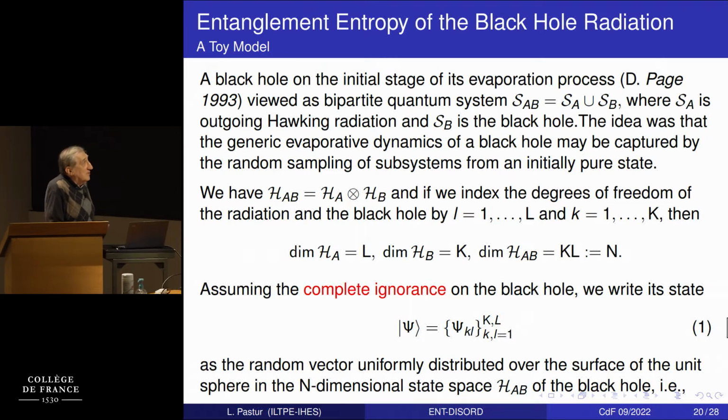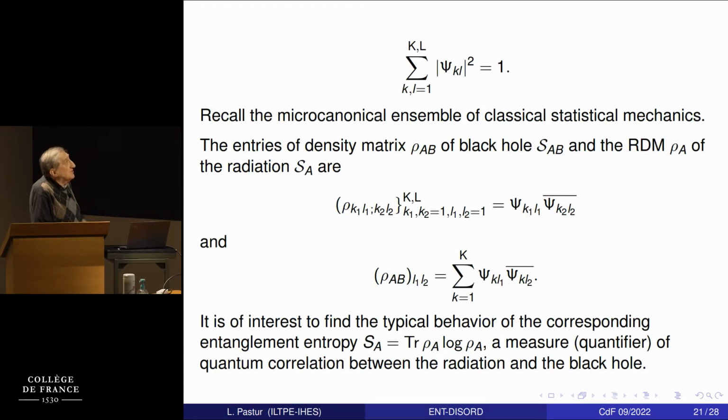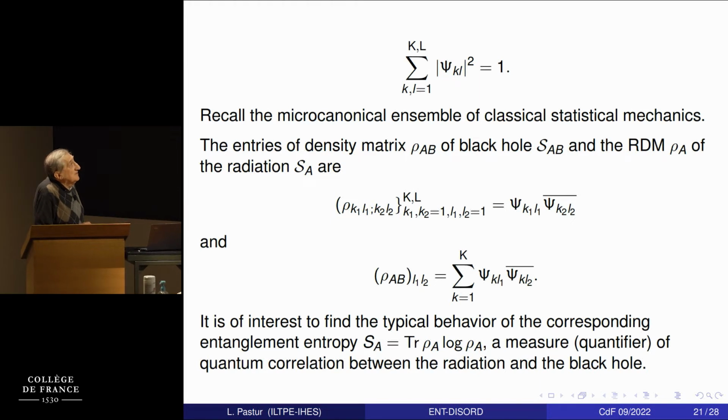To calculate the entanglement entropy, you have to know the reduced density matrix. Again, this is a pure state, and the density matrix of a pure state is a projection. It is written here. So the density matrix of the system, black hole plus radiation, is just rank one, the projection on psi.